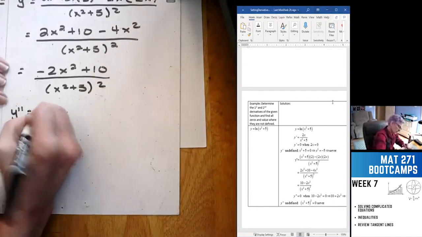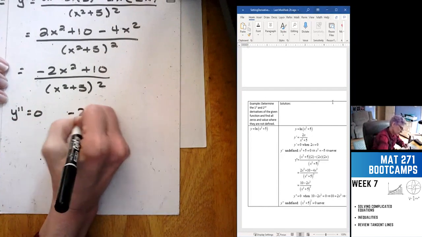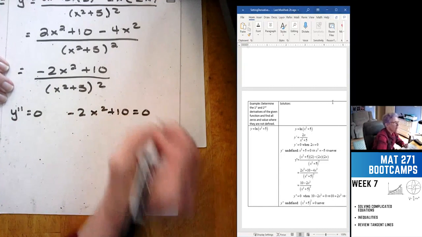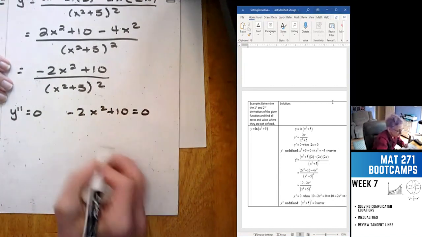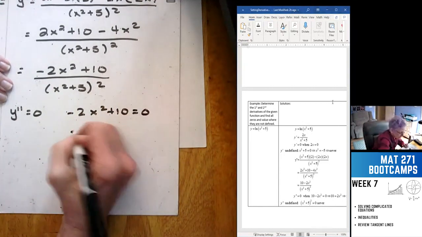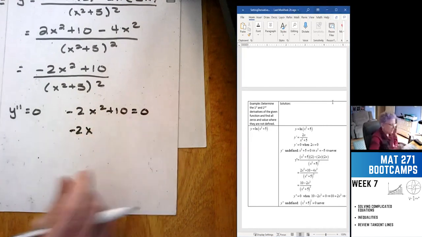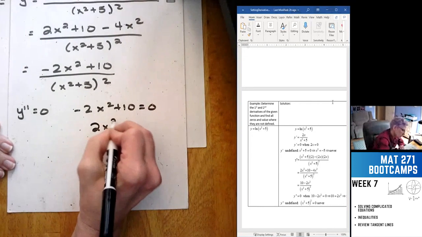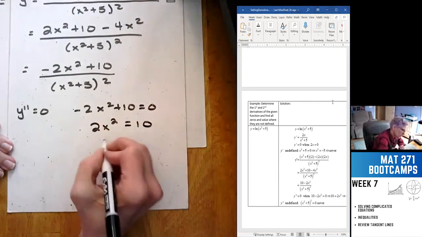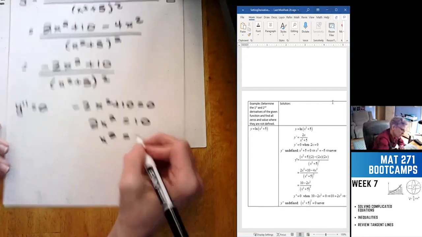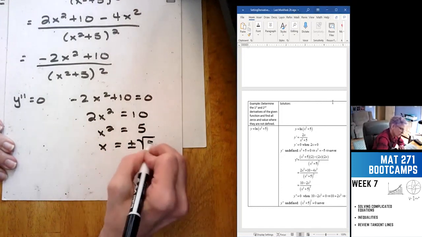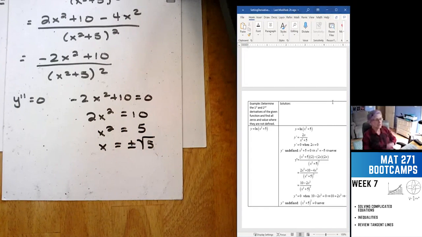Second derivative is equal to 0 when -2x squared plus 10, the numerator, is equal to 0. So when -2, let's make it positive. I like positive numbers, so 2x squared is equal to 10. So when x squared is equal to 5, so plus or minus the square root of 5.